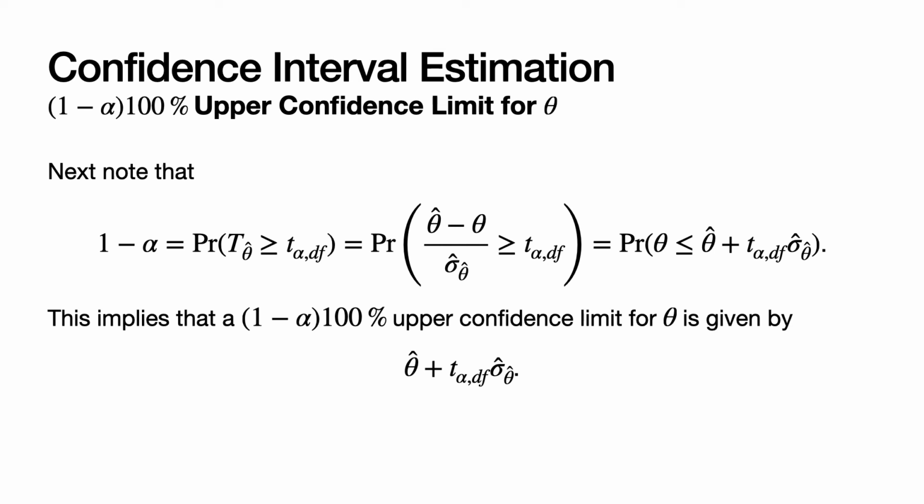I've got a typo there that I'll need to fix. We see that that probability is equal to 1 minus alpha.